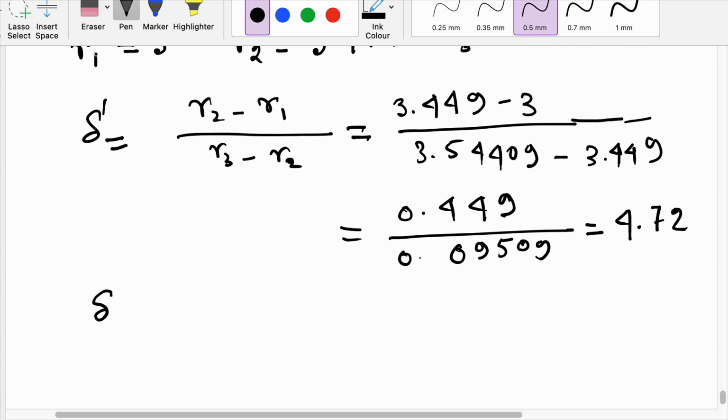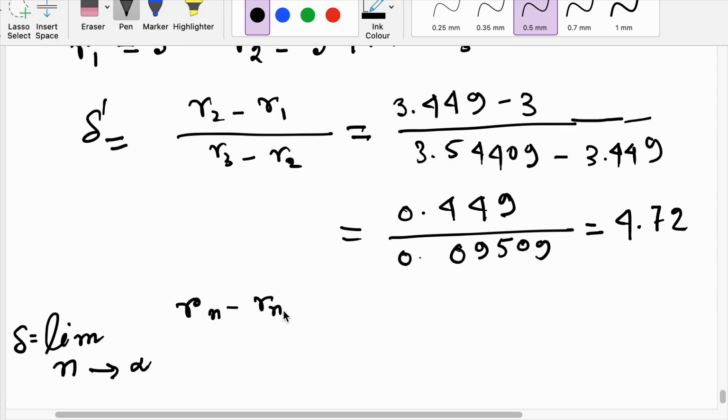So when you take the limit n tends to infinity, this is the value of delta, equal to (Rn minus Rn-1) by (Rn+1 minus Rn).